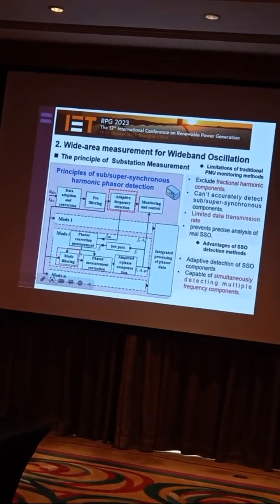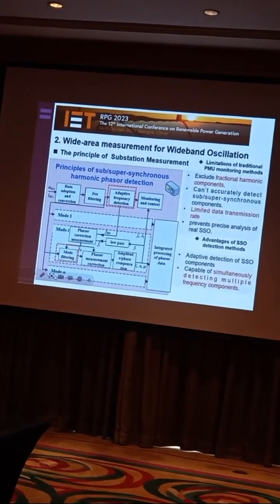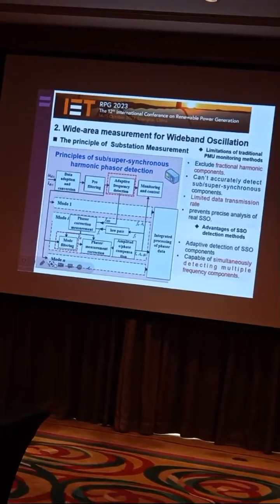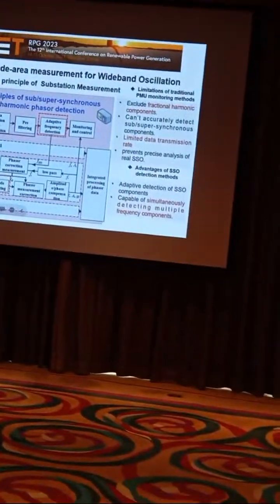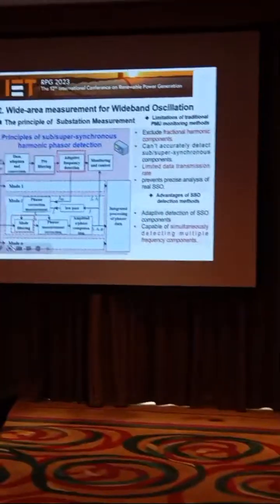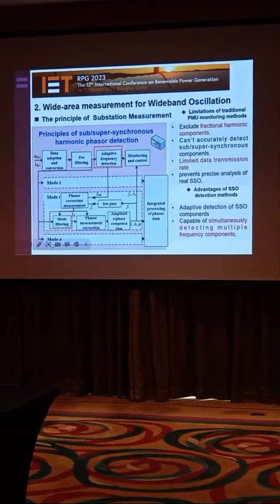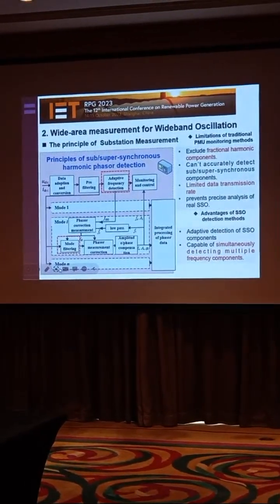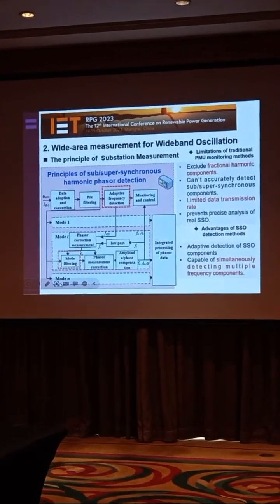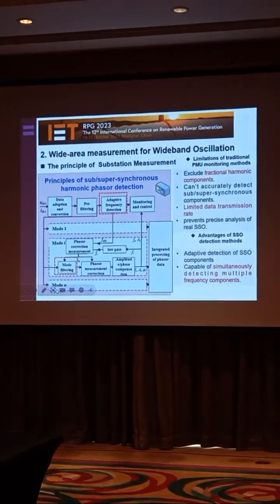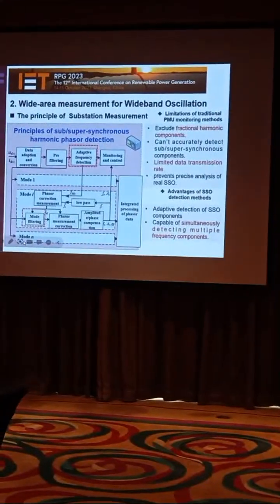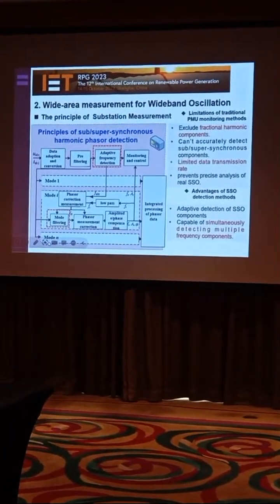Here is the measurement method of the substations. The substation assesses the secondary side of the power grid and obtains three-phase current and voltage waveform data. After analog to digital conversion and filtering, the data is transmitted to the data processing unit.